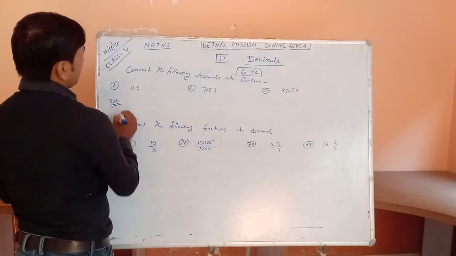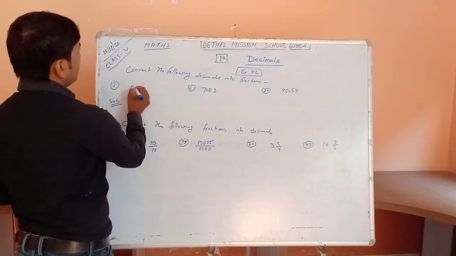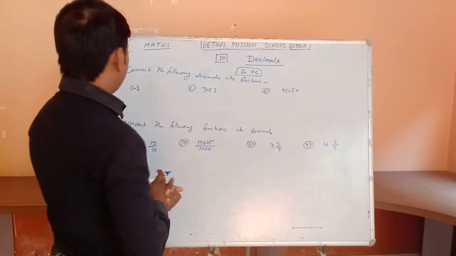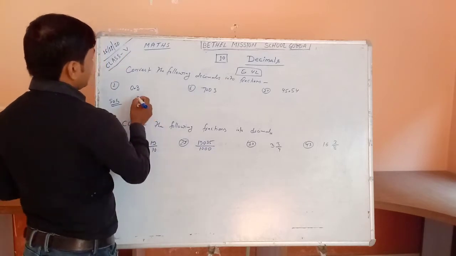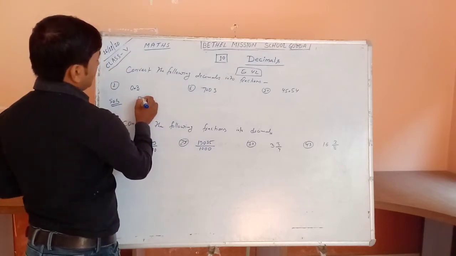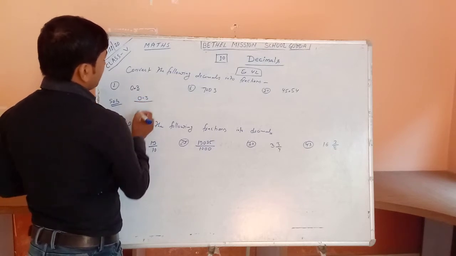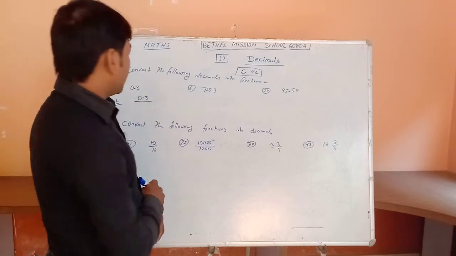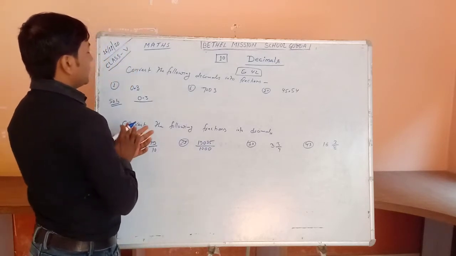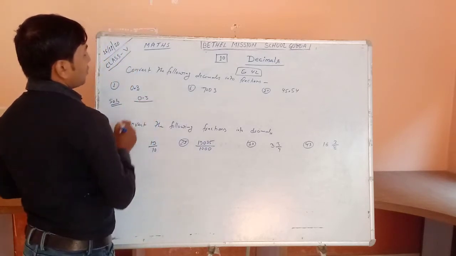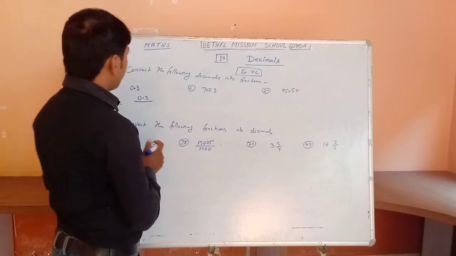First question: 0.3 is given. The method says to write 0.3 and give a 1 by symbol, and then remove the decimal. First count the decimal places.